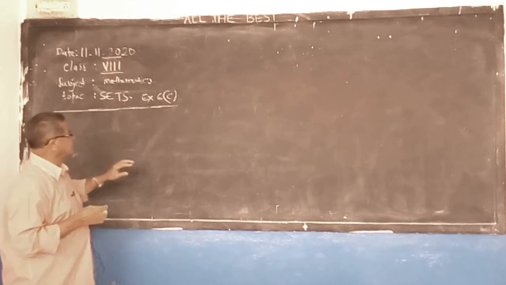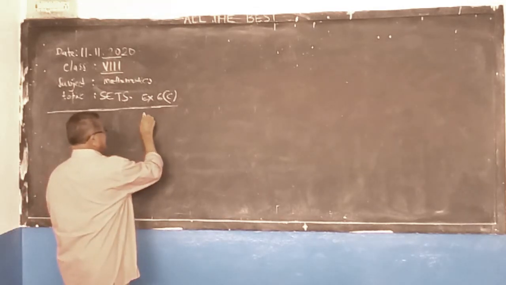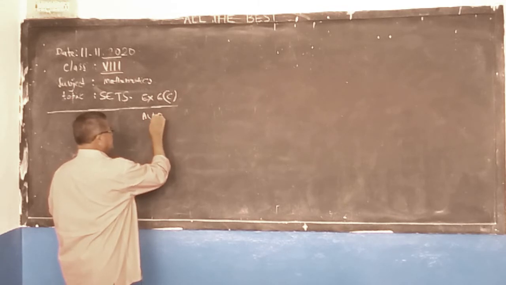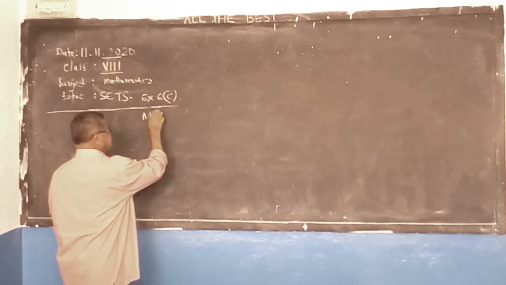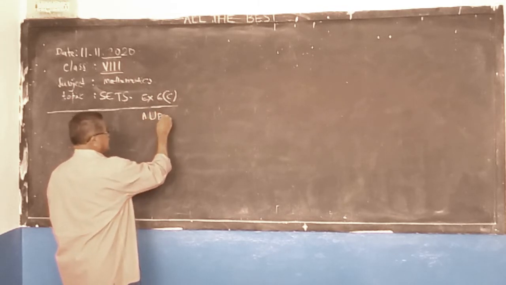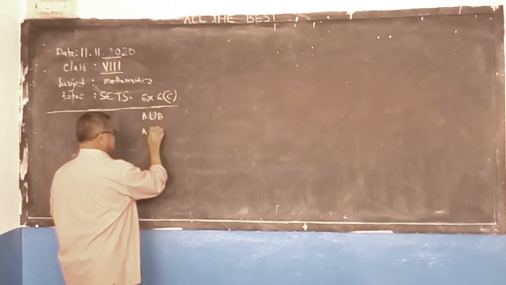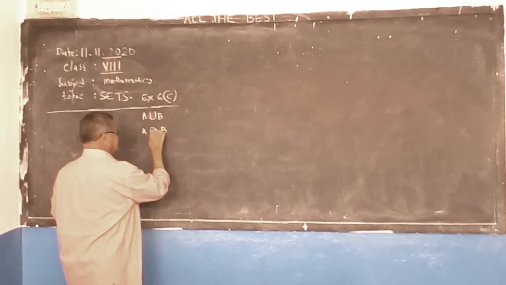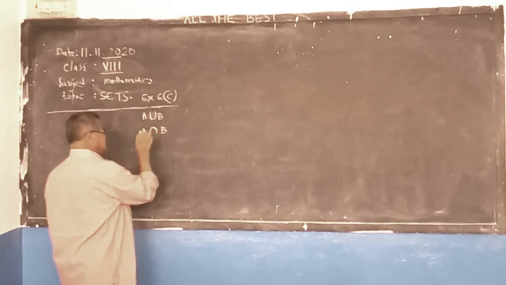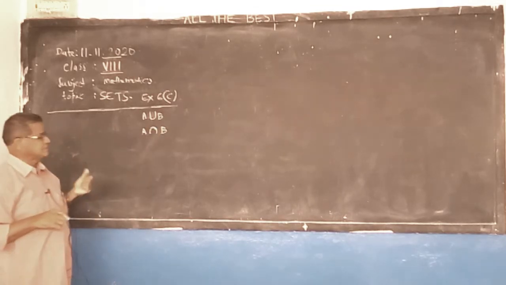Union is written with the symbol U, A union B, and this is intersection, A intersection B. In intersection we write only the common elements.